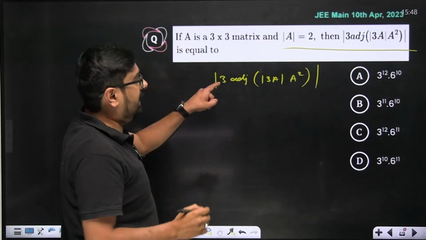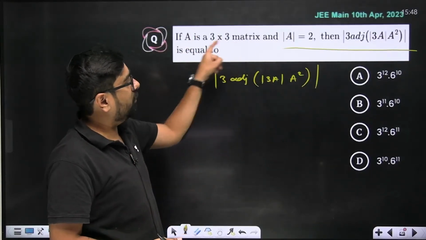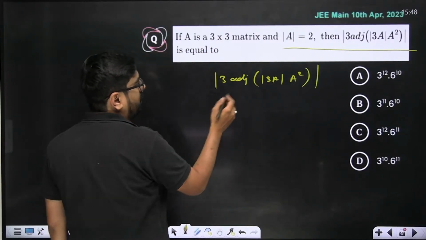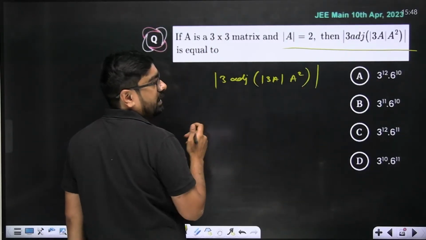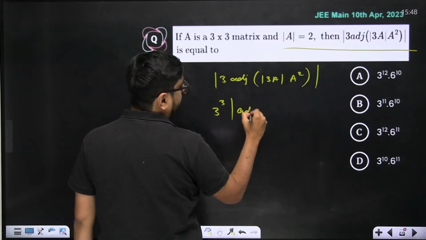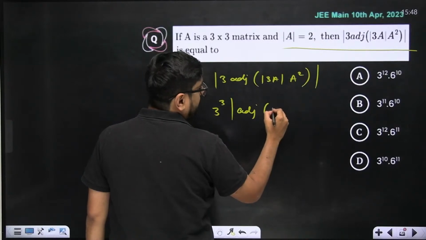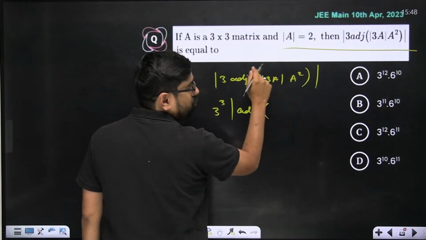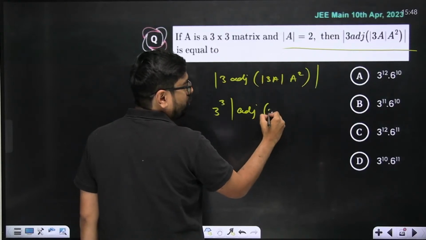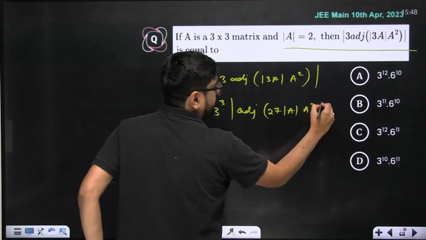Determinant of this. 3 has to come out of the determinant. Determinant will also be of 3 cross 3. So 3 to the power 3 will come out of the determinant. Adjoint of 3. Now this 3 also wants to come out of the determinant. So 27 determinant of A square.